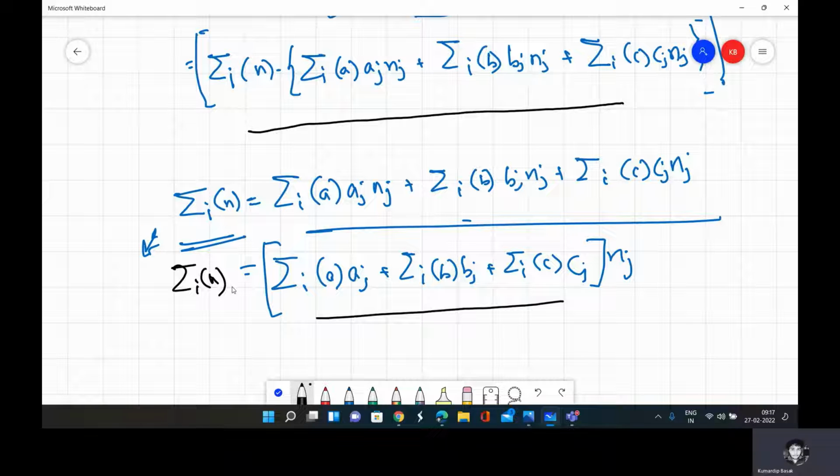So the quantity in the bracket that we underlined has nothing to do with that area normal. If we want the stress component on the area with area normal Nj, we multiply the quantity in the bracket with the area normal Nj.